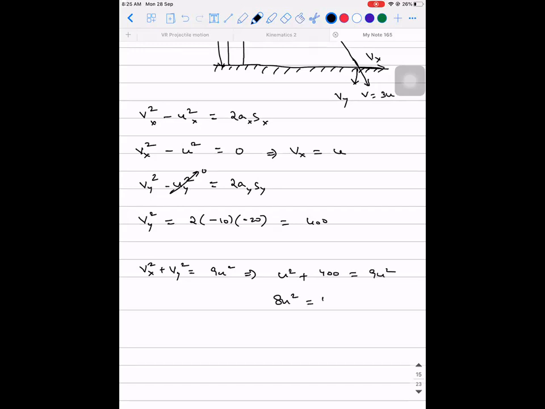So 8u square is equal to 400. u square is equal to 50. What will be the value of u? 5 root 2. Is there an option like that? Yes. It can be 5 root 2, approximated to 7. That's the answer.